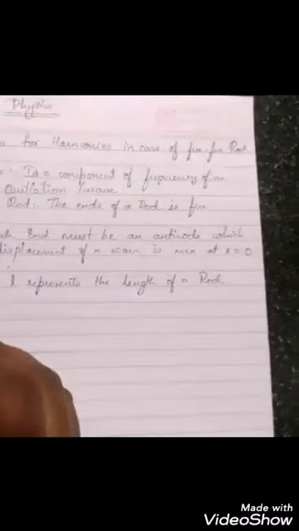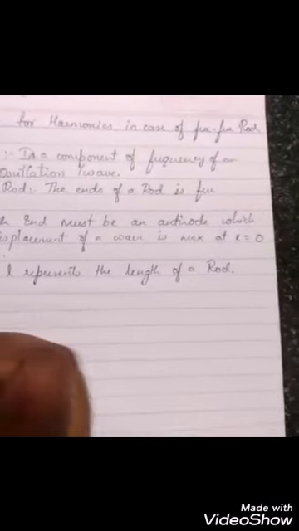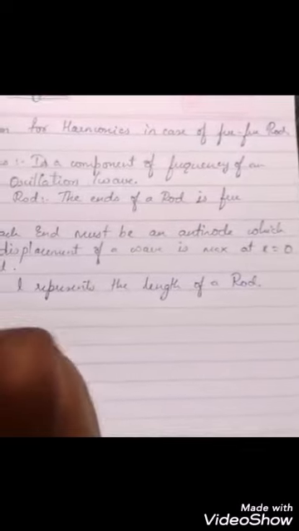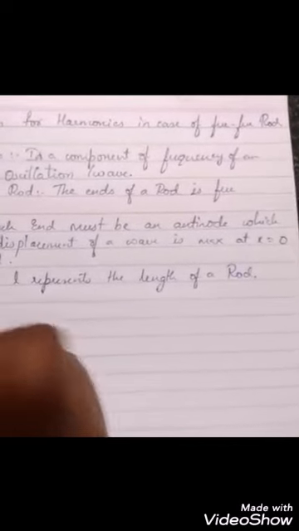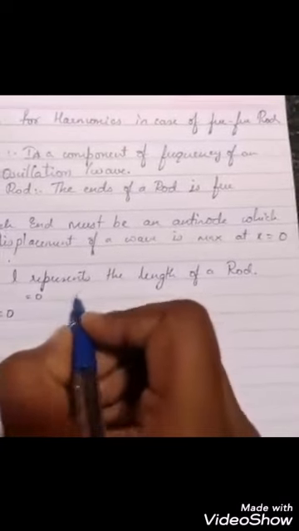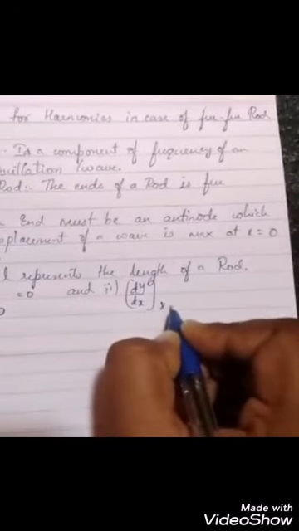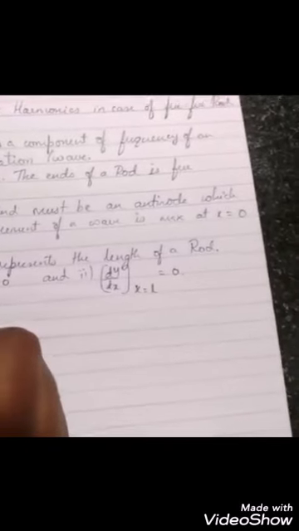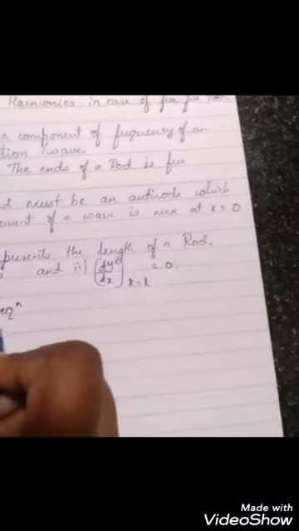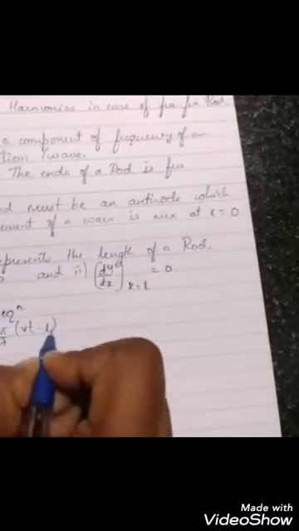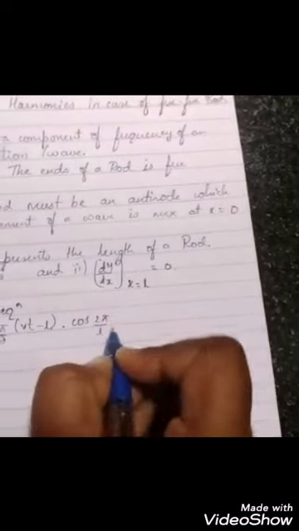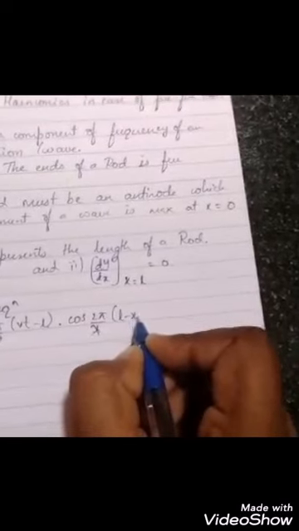There are some conditions at which the antinode is possible in the case of a free rod. Those are dy by dx at x equals 0 is 0, and dy by dx at x equals L is 0. Consider an equation y equals 2a sin(2π/λ (Vt − L)) cos(2π/λ (L − x)).